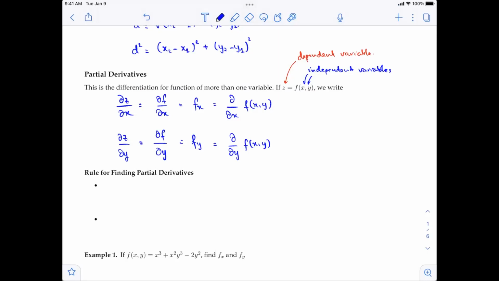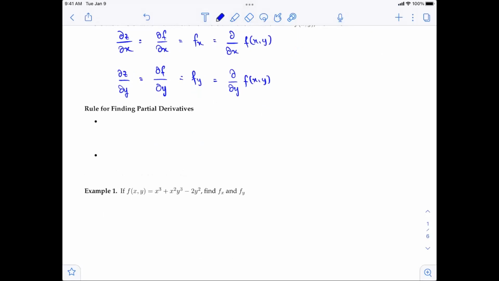To find f sub x, the partial derivative of f with respect to x, we regard y as a constant and differentiate f of x comma y with respect to x.